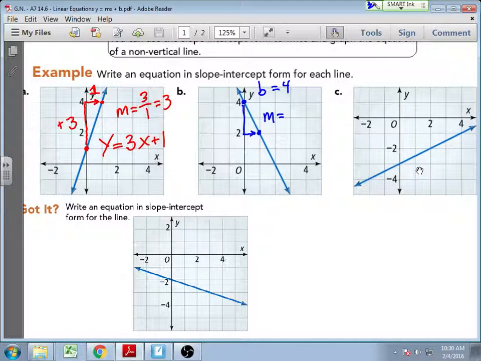What's my rise? Did I go up or down? Since I went down, -2. What's my run? So this just becomes -2. So my equation will be y equals -2x plus 4.